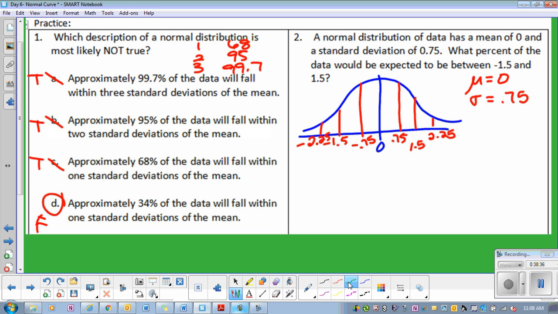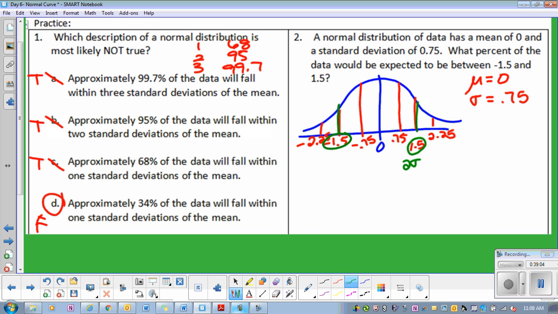So, what percent of the data would be expected to be between negative 1.5, so from here to 1.5 here? Think about it. Look, from here, 1, 2. Isn't that 2 standard deviations above? And then 1, 2.